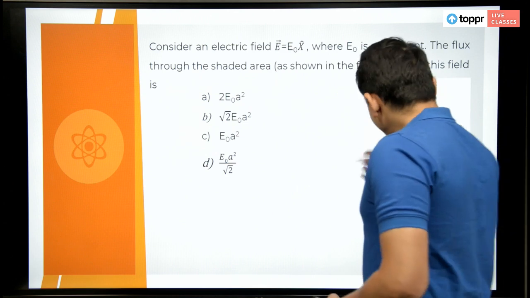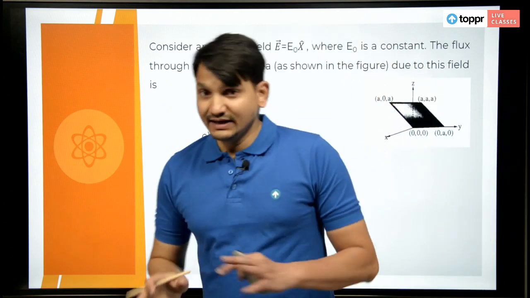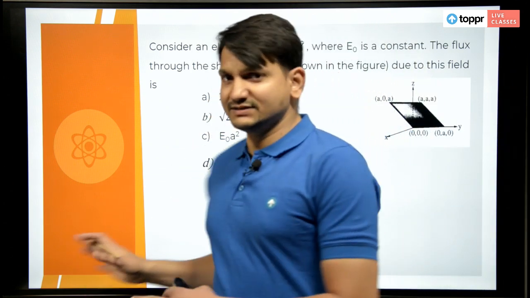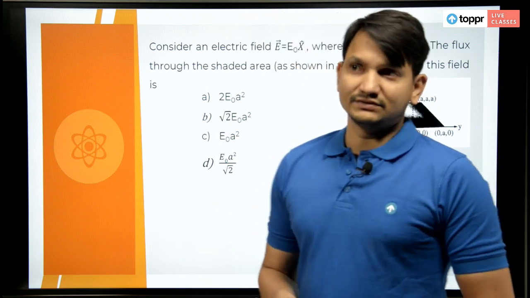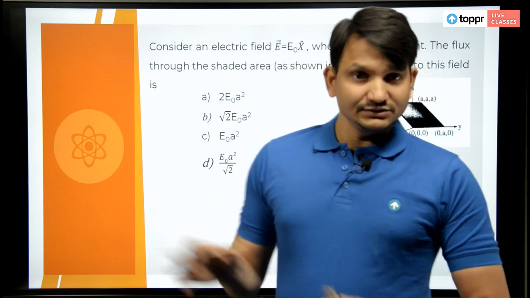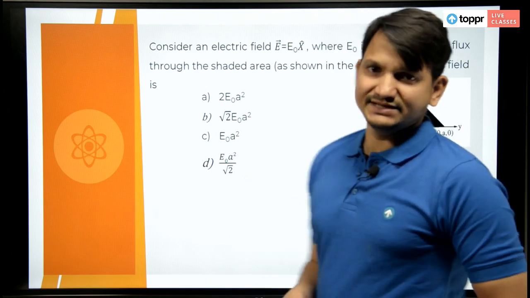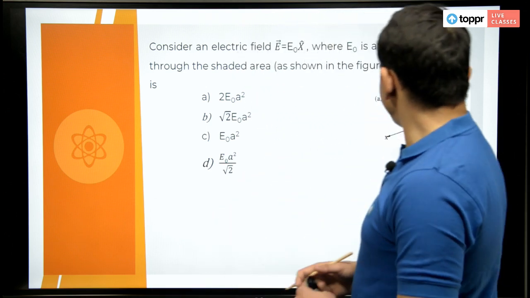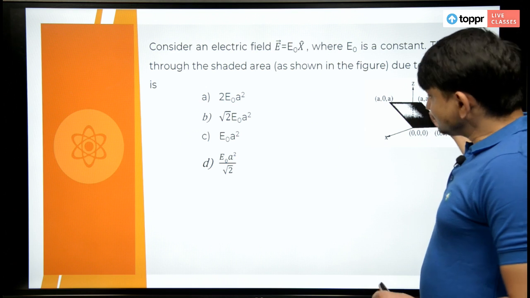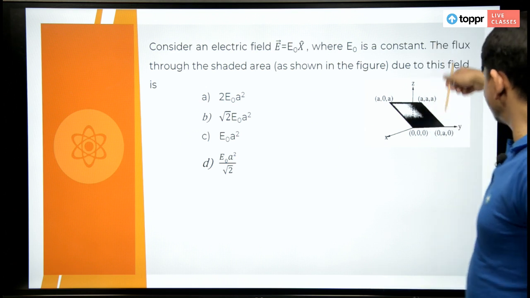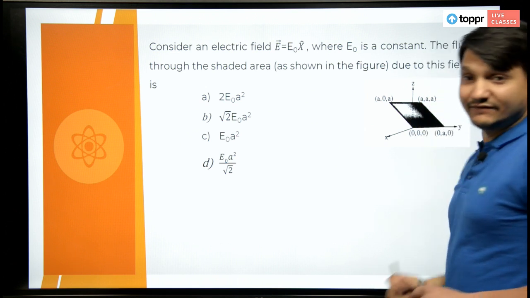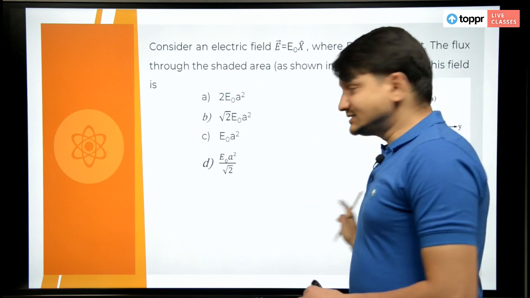So this is a uniform electric field that will not leave us stranded working out some kind of integral. So this is kind of an easy question, but we have to find out how we get the area vector, and that is the dicey part here.